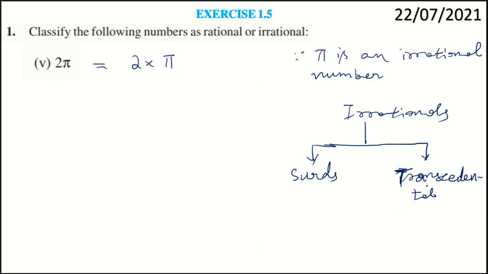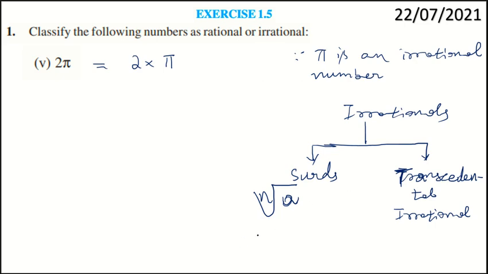Transcendental irrational numbers. So children, you know surds will be of the form nth root a with certain definition. Anyway, I have already told you, you will have root 2, cube root 5, 7th root 200, all these being surds.